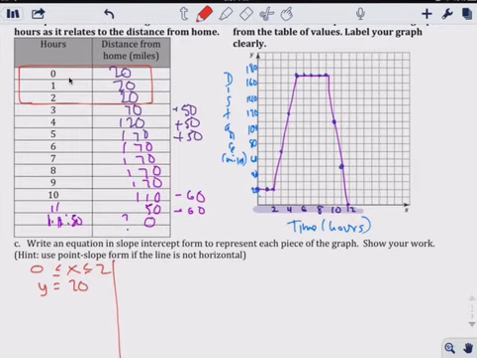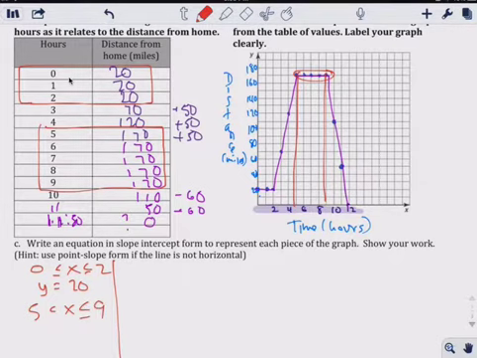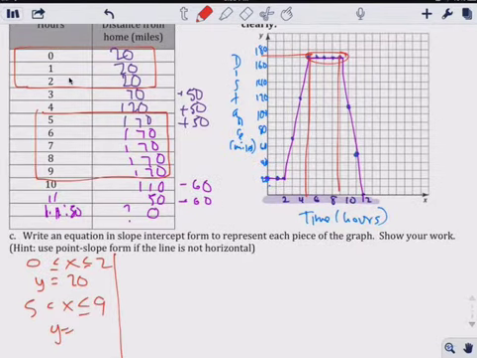And the other easy horizontal one is 5 to 9. That is y equals 170.